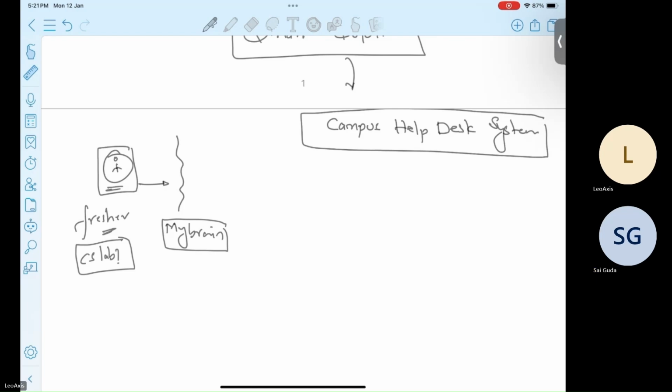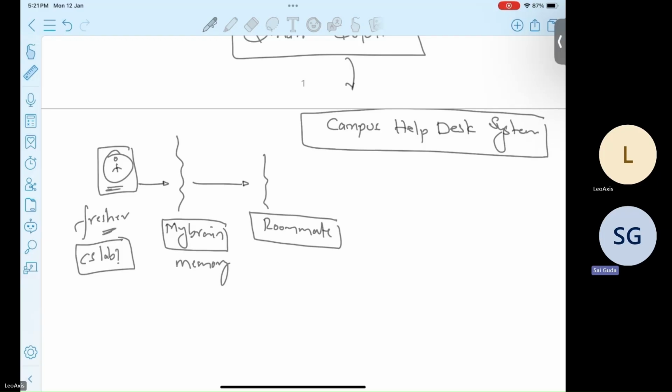First I'll check my internal memory. If I don't remember this address, I'll check with my roommate within my room.